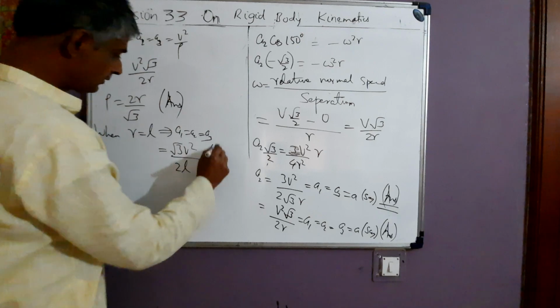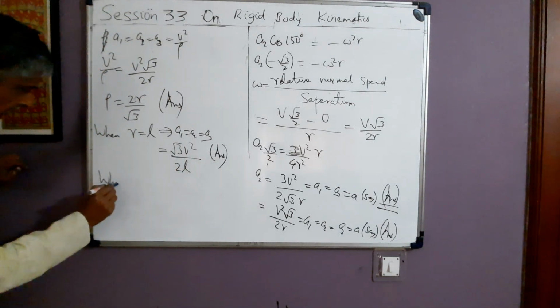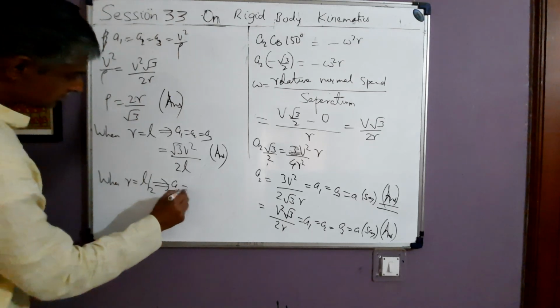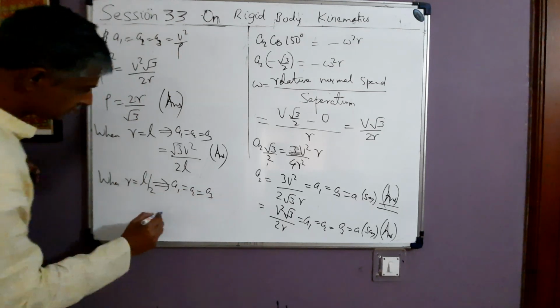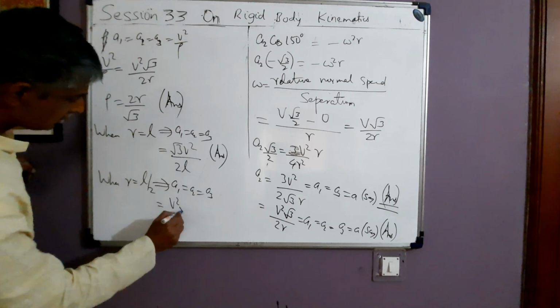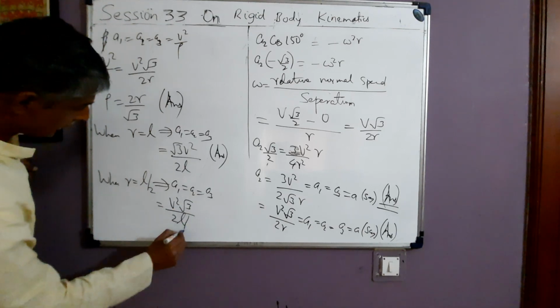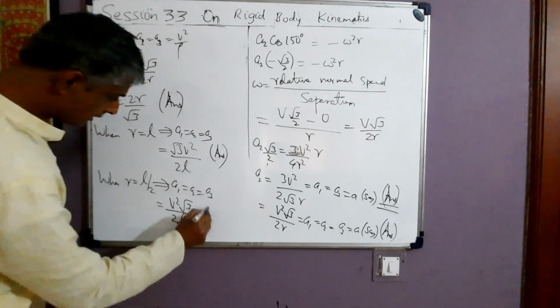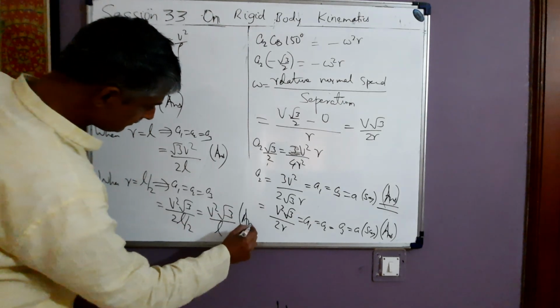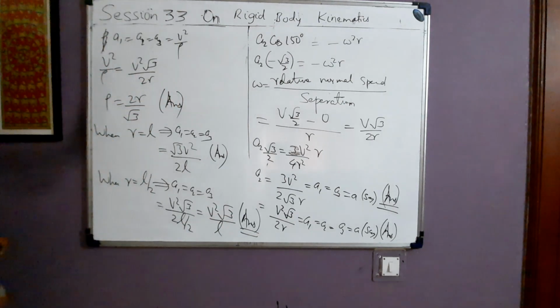First answer. And when R is equal to L by 2 implies A1 is equal to A2 is equal to A3 is equal to, this becomes 2 times L by 2. So this becomes V square root 3 by L. This is therefore the required answer.